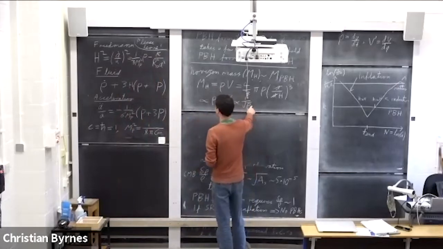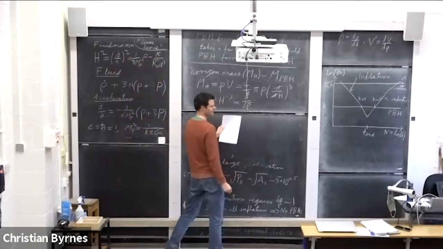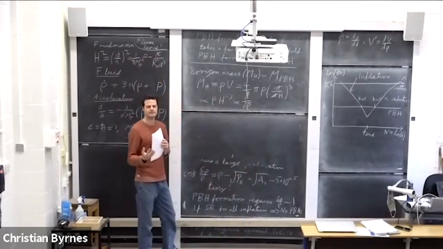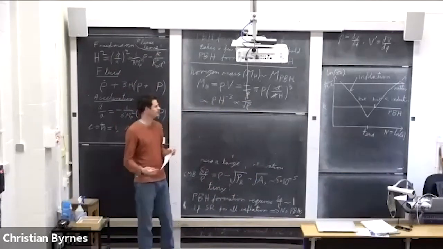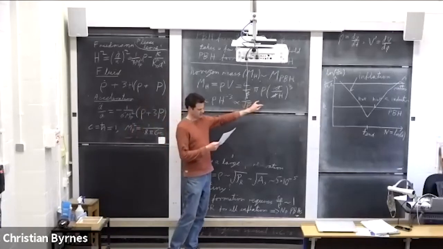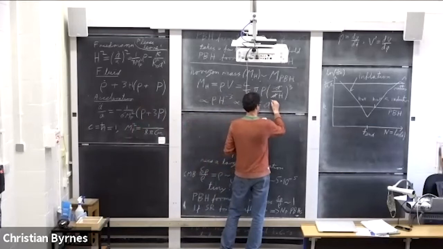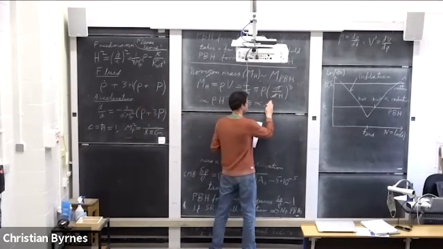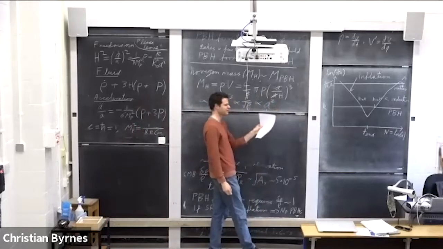How does rho vary with scale factor? Well, we know during radiation domination, the energy density decreases like a to the minus 4. So this thing is proportional to a squared. And a goes like, let me write this clearly, a goes like t to the 1/2, so a squared goes like t.